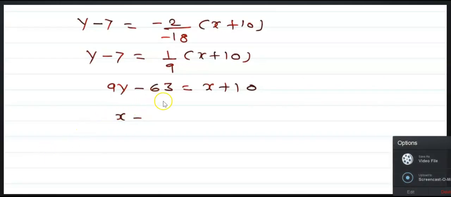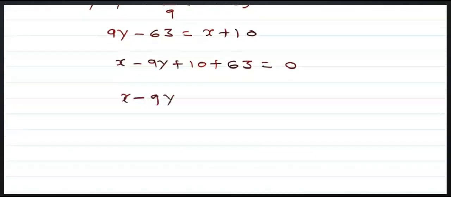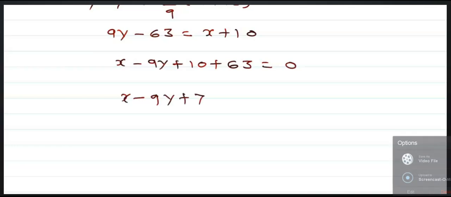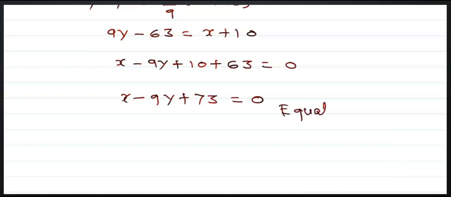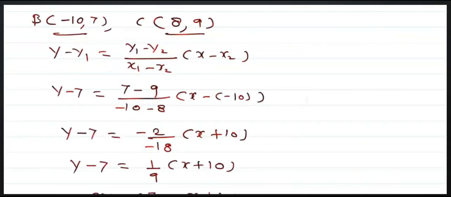That is 9y minus 63 is equal to x plus 10. x minus 9y plus 10 plus 63 is equal to 0, and hence x minus 9y plus 73 is equal to 0.